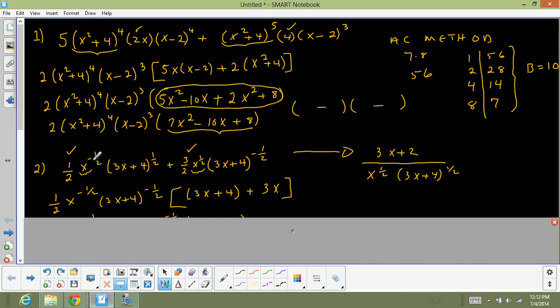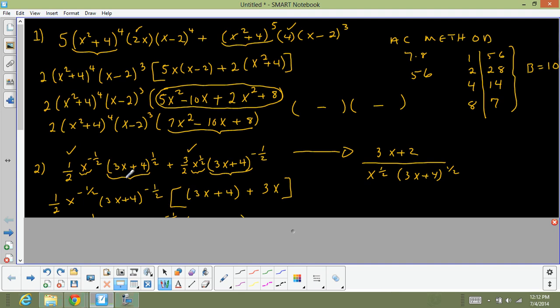You have x to the minus 1/2 and x to the positive 1/2, and the rule we reminded you of this week is to factor out the lowest power you see. So we're going to factor out x to the minus 1/2. Similarly, with the 3x plus 4 to the 1/2 belonging to both terms, we're going to factor out 3x plus 4 to the minus 1/2.